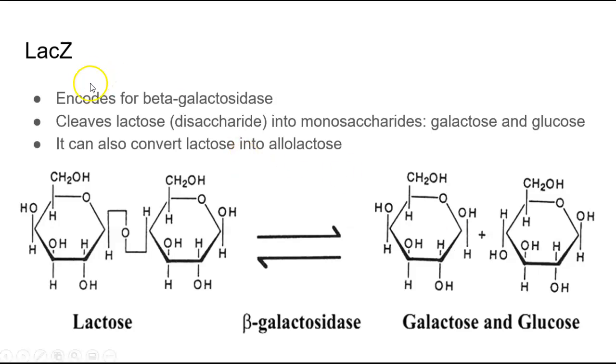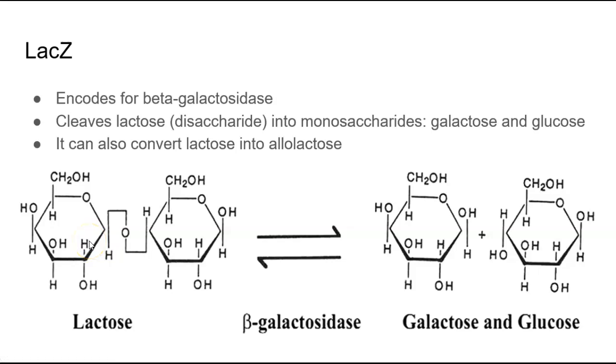So first, the Lac Z encodes for an enzyme called beta-galactosidase. Beta-galactosidase can cleave lactose into galactose and glucose. As you can see here, lactose is a disaccharide, so it is made out of two sugar molecules that are linked together.